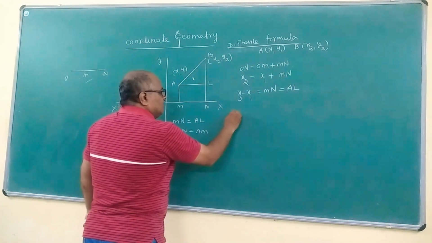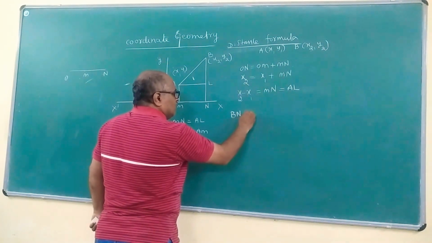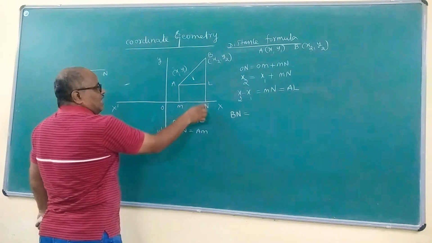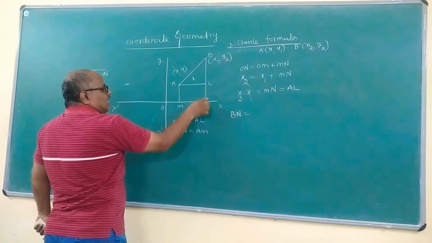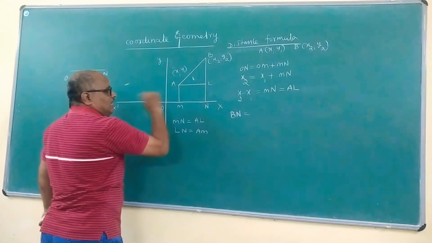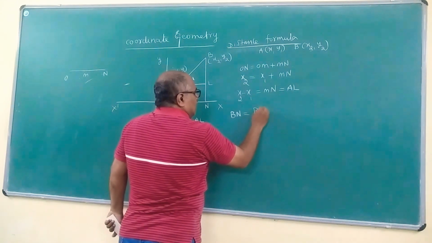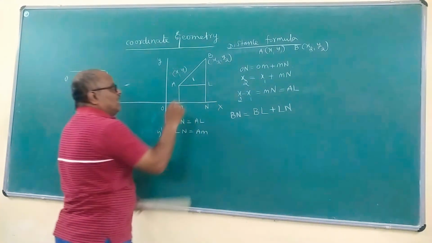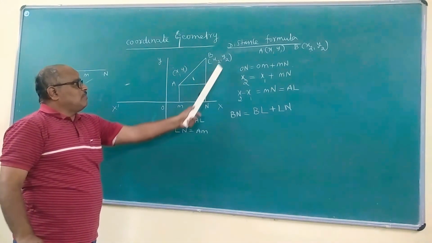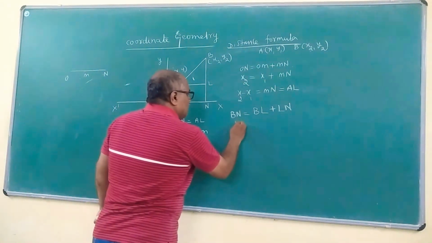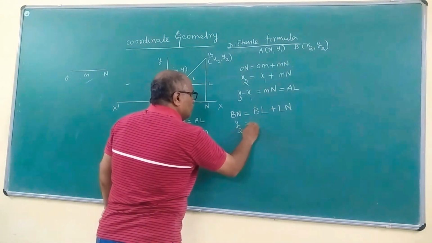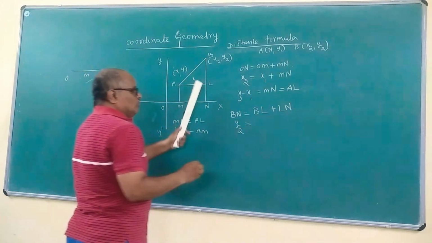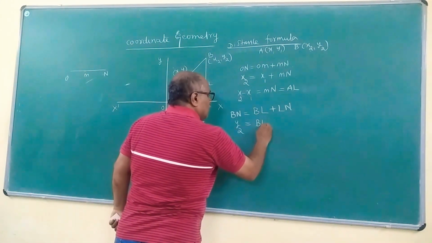You want the length of BN. This is BN. We add BL and LN, then only we get BN. BL plus LN. What is BN? BN is nothing but y2. You don't know BL.